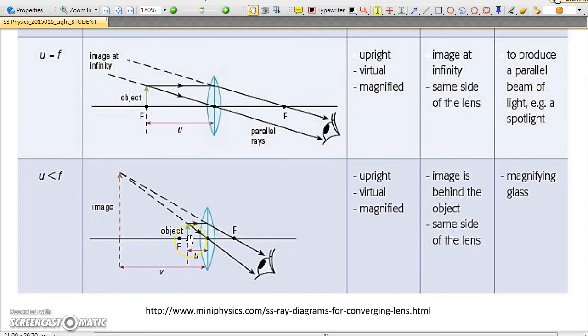However, when the object is even closer, shorter than one focal length from the lens, then the two refracted rays diverge, so that there is an image formed behind the lens. This is an erect, virtual, and magnified image, as in a magnifying glass.